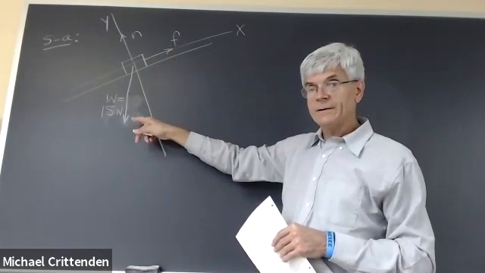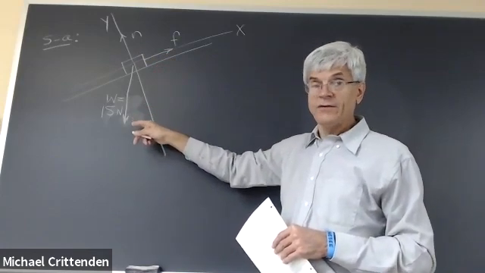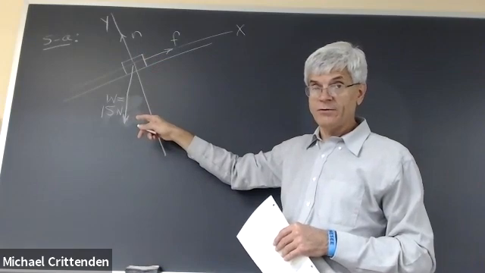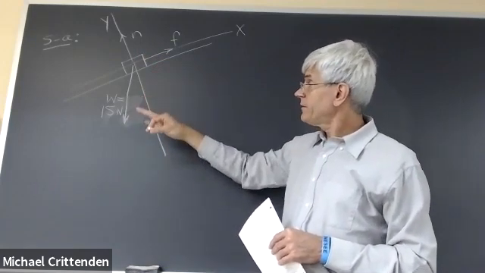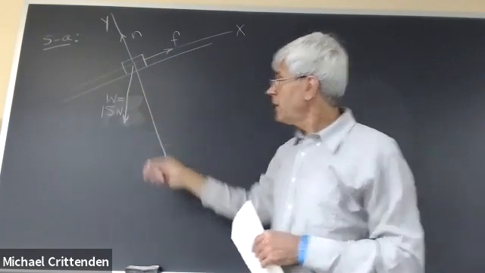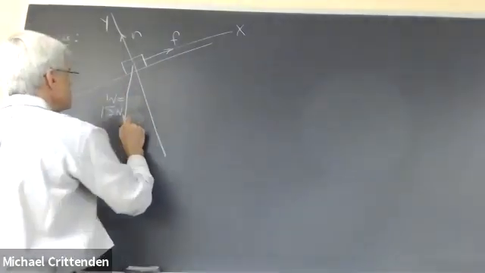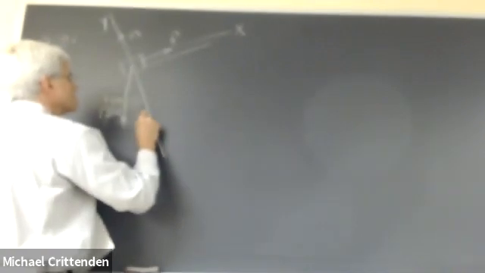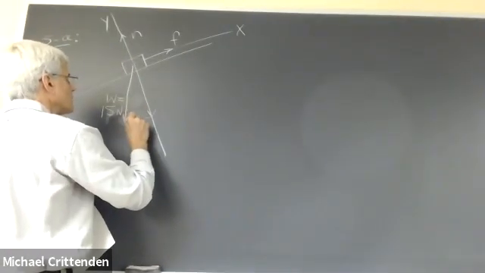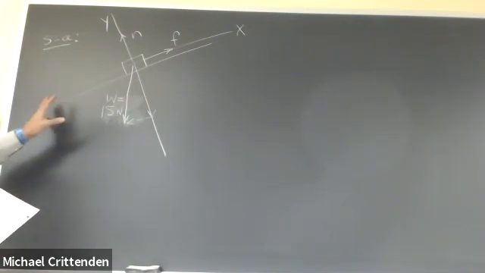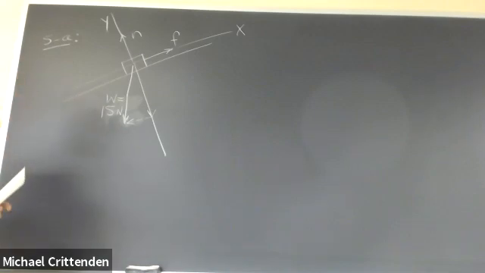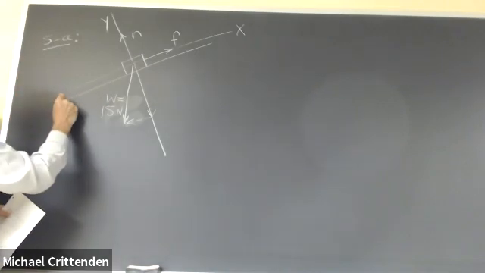But the weight is still vertical. Gravity always pulls directly toward the center of the Earth. So since the y-axis is tipped now, the weight will have both x and y components, like that. So we need an angle somewhere in there to find, we have to use sines and cosines.